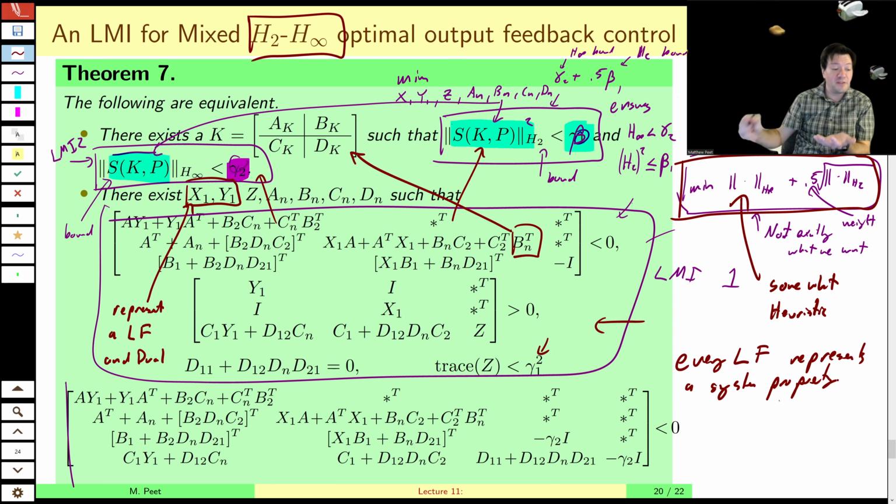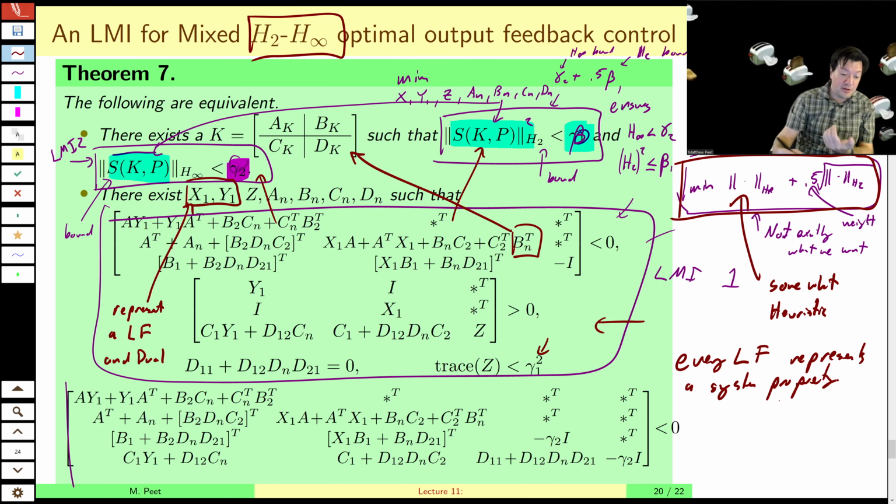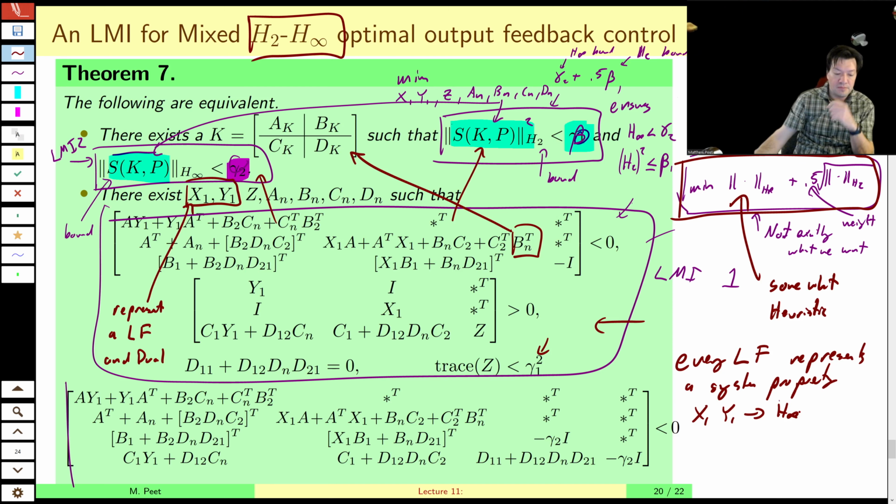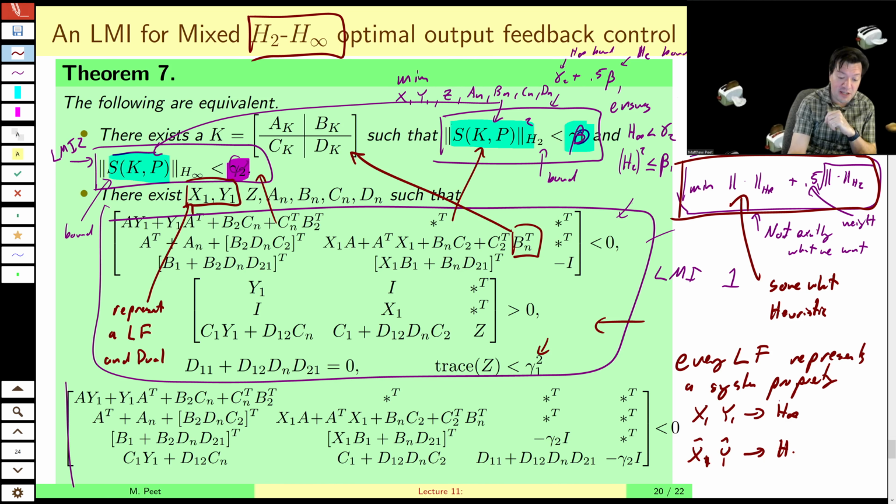Specifically, there is a Liapunov function x1, y1, which represents the H infinity norm. And there's another Liapunov function, x1, y1, with hats, which represents the H2 norm of the system.